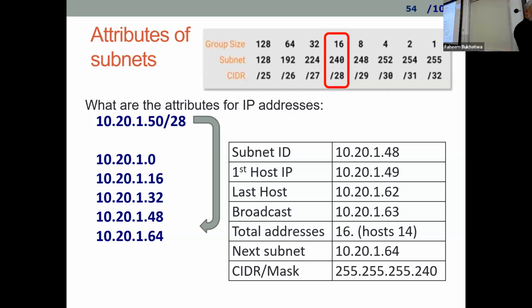If 63, it's not a good address, because this network starts at 48 and the next starts at 64. The last address in this one, the broadcast, is 63. The first legal address is 49. So anything between 49 and 63 is okay, and 50 is a good address.